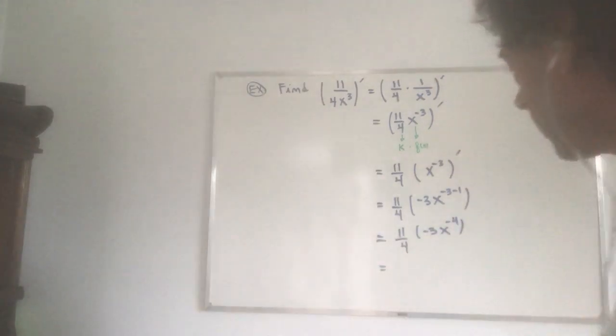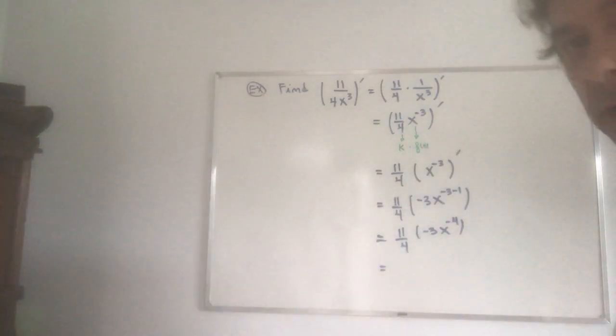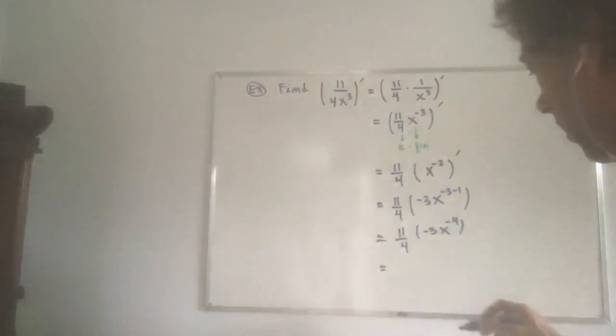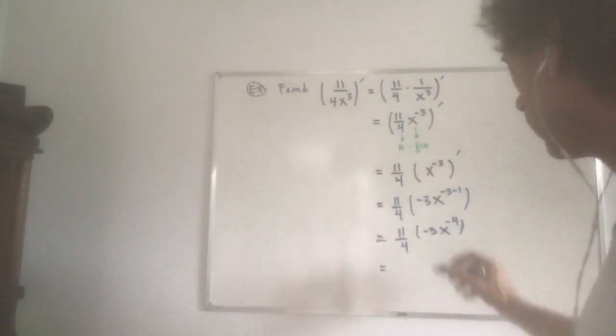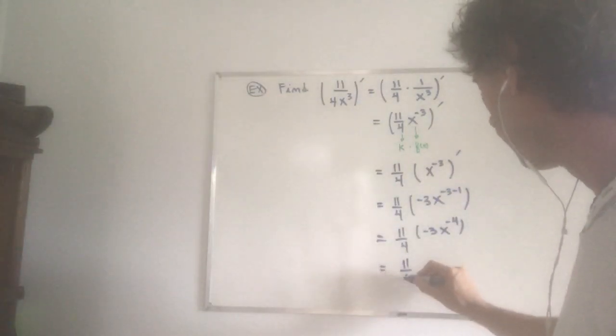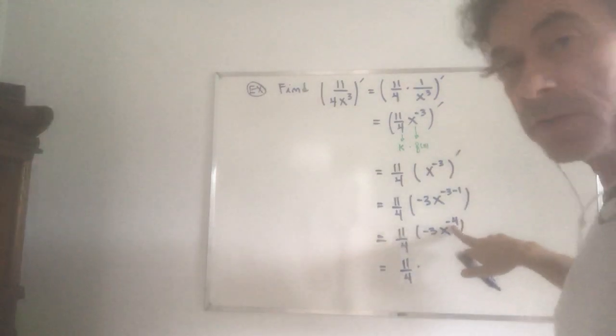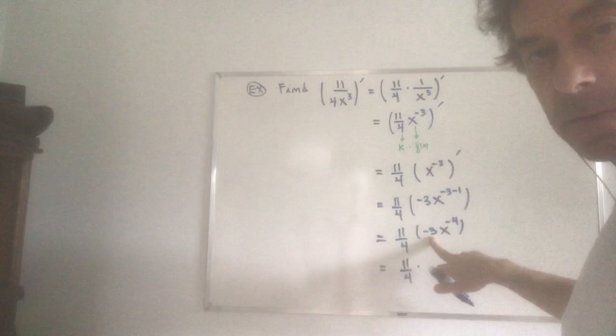We are not big fans of negative exponents. Negative exponents induce errors later on in the course, so we're going to learn to get rid of them completely. That's 11 over 4 times, watch it here, only the x has a negative exponent, not the minus 3.